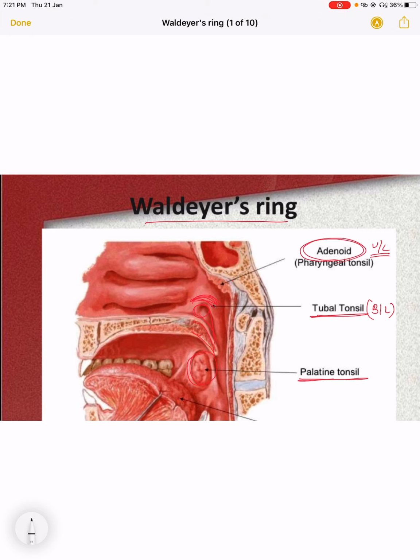This is your soft palate, and below that the palatine tonsil is present. And this is your lingual tonsil, present in the posterior part of the tongue. All are bilateral except the adenoids. You should remember that the adenoid is single. How should you differentiate between adenoids and tonsillitis? Adenoid is single, tonsillitis is bilateral. Fine.